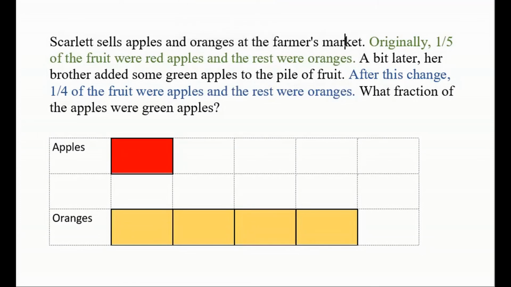So for every one apple, she had 4 oranges, and that would make 1/5 of the fruit red apples.